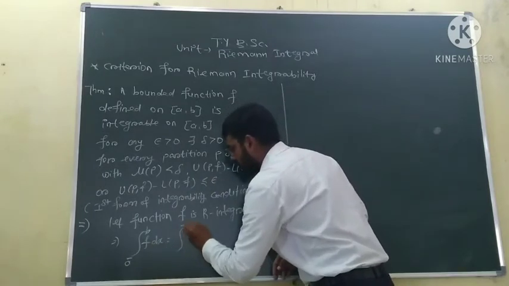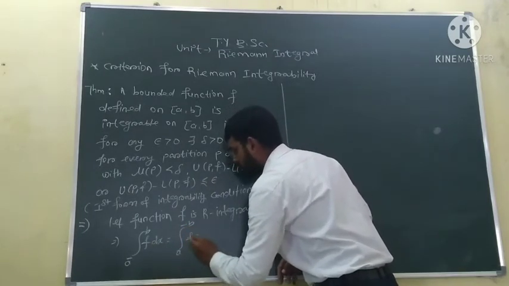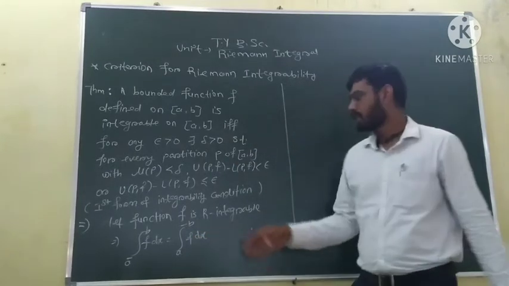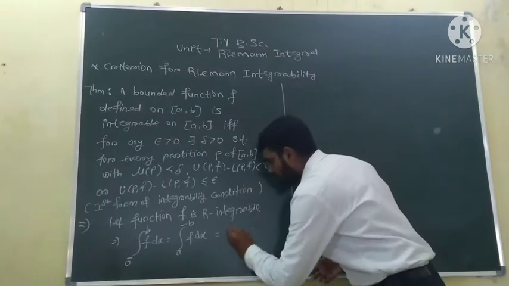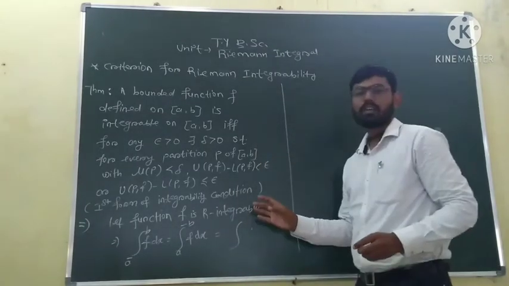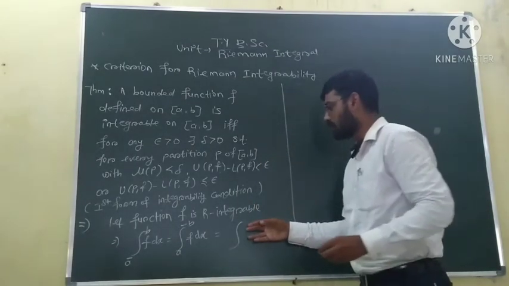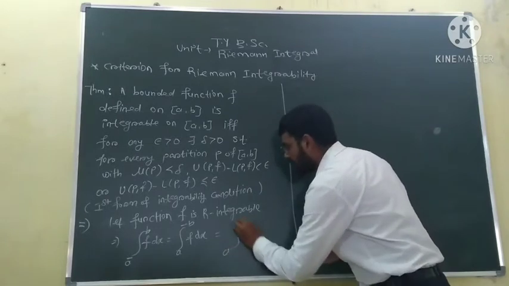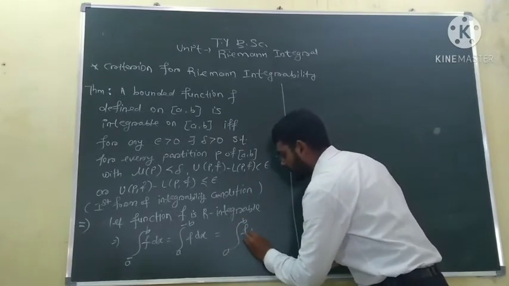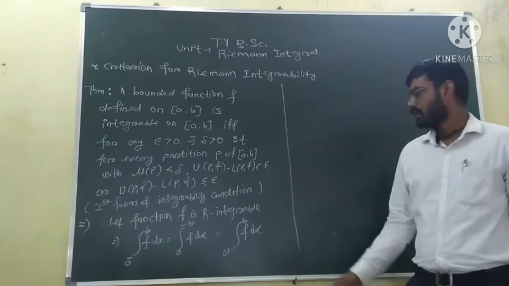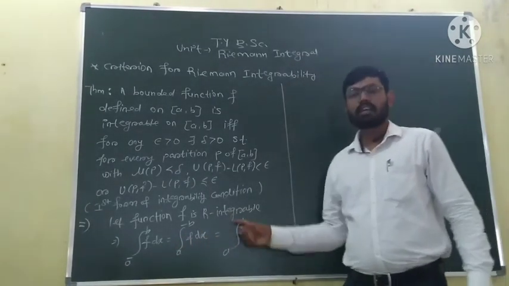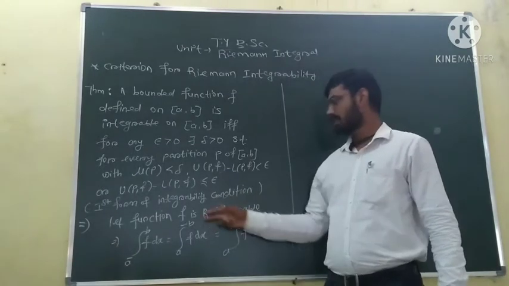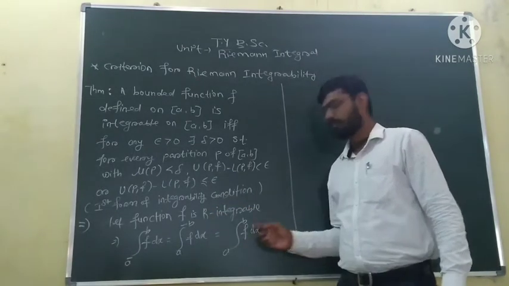Since the function is Riemann integrable, the lower integral is equal to the upper integral, which is equal to some common value, and this common value we denote as the integral from a to b of f(x) dx, which is nothing but the integration of that function.